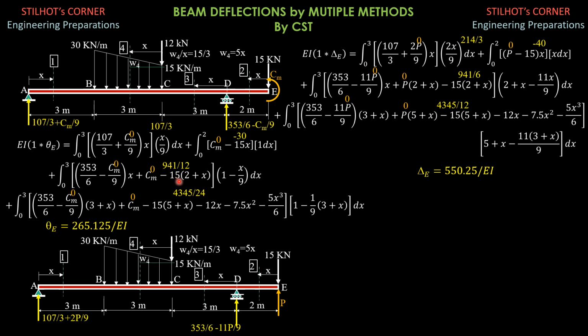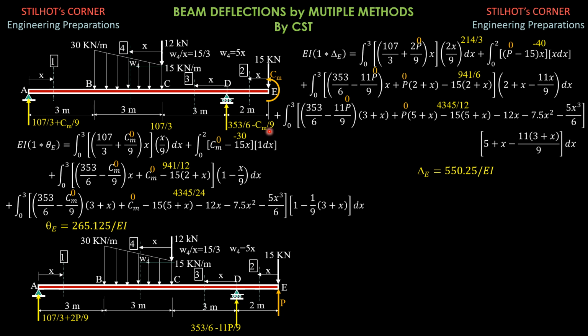Then the derivative with respect to C sub m is 1 minus x over 9 dx. Setting C sub m 0, then evaluating the integral, it is 941 over 12.